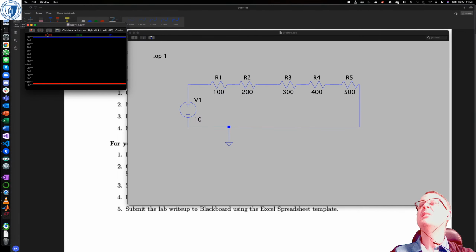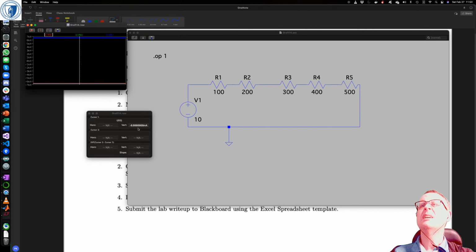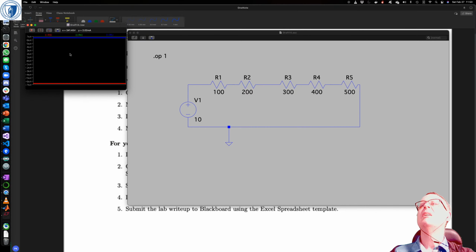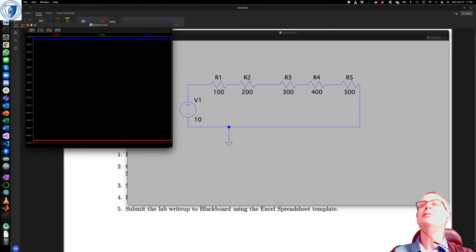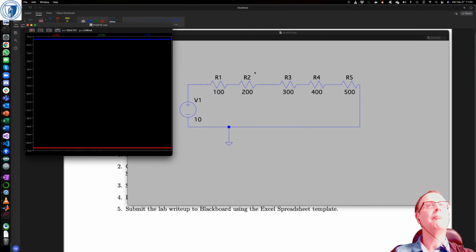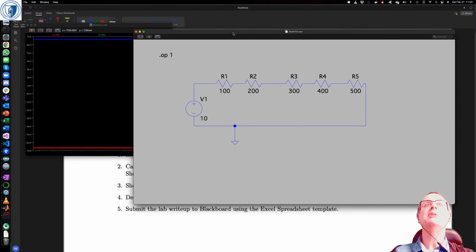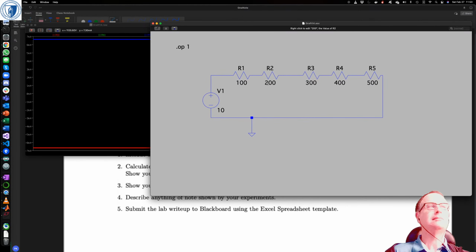For some reason it's decided that I3 is negative. That's just wrong. They should all be the same. Okay, be very careful. I can't see that I've done anything wrong.